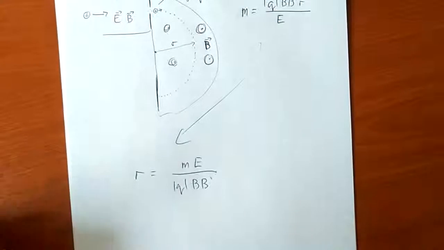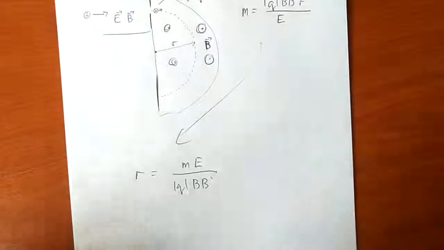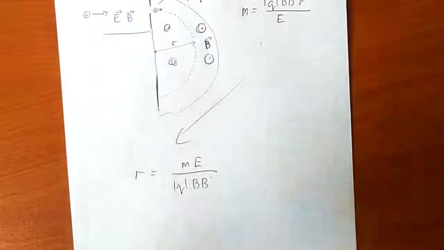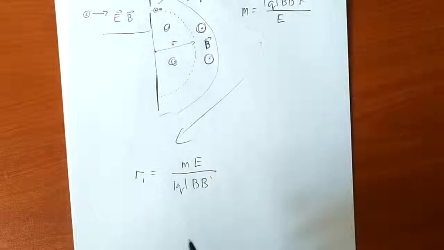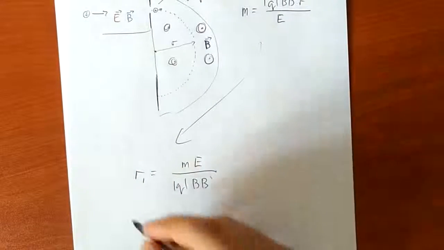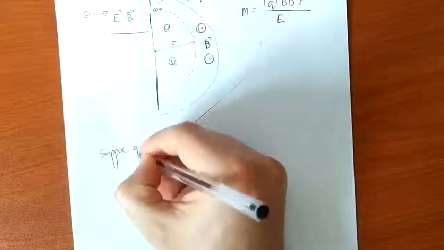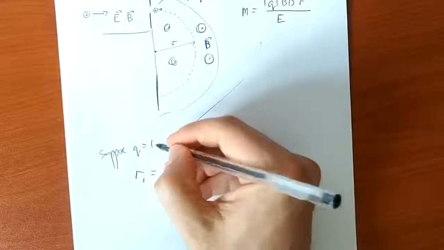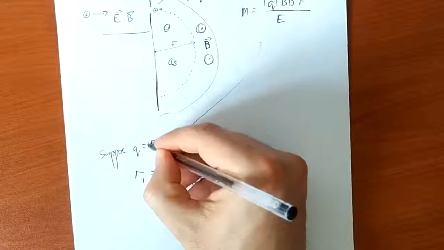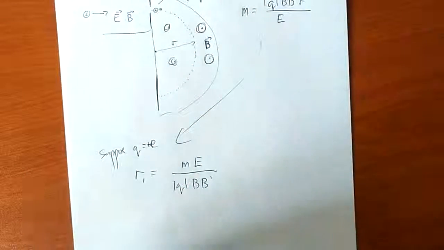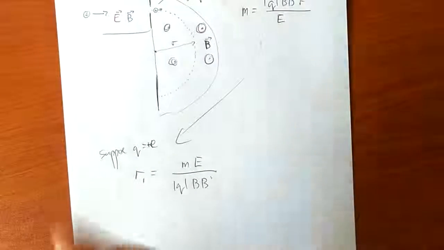Now, let's suppose I consider the radius for 3 different kinds of ions. The first one has charge Q equal to 1, just e, plus 1, so 1.6 times 10 to the minus 19.